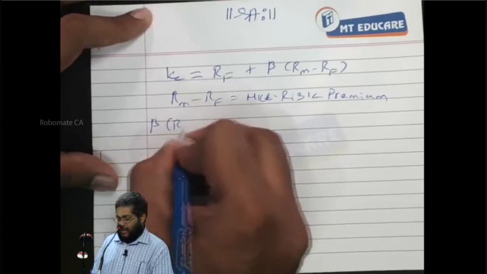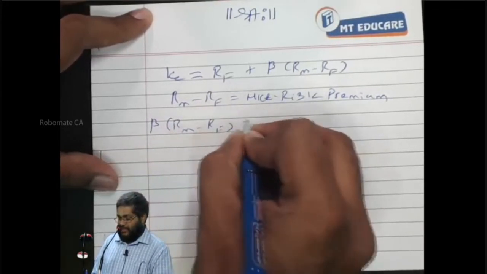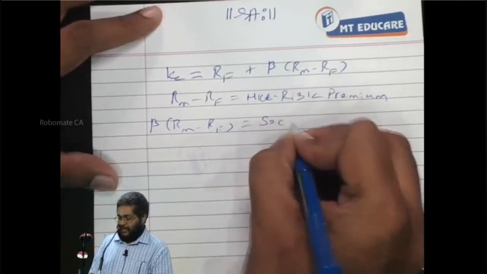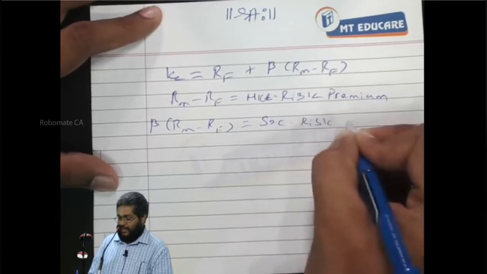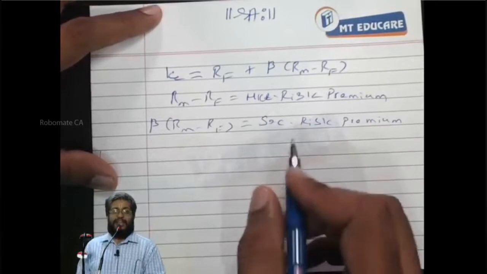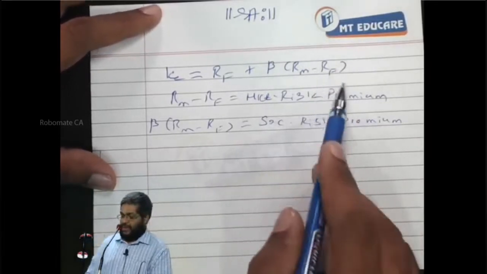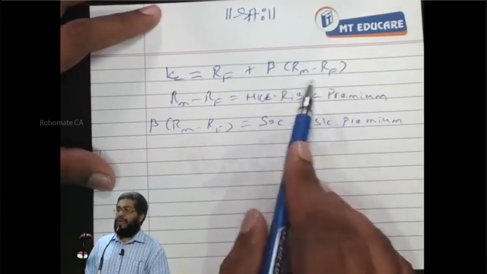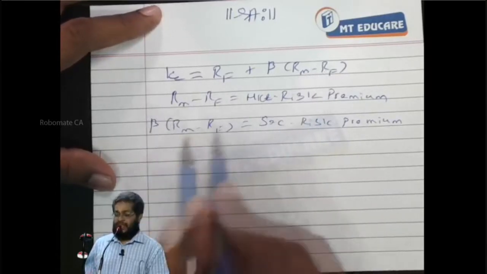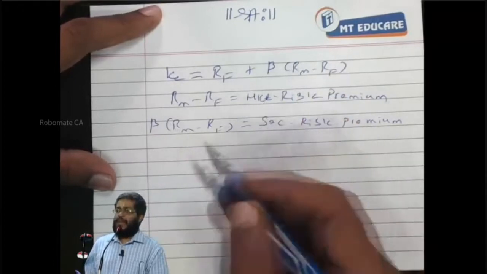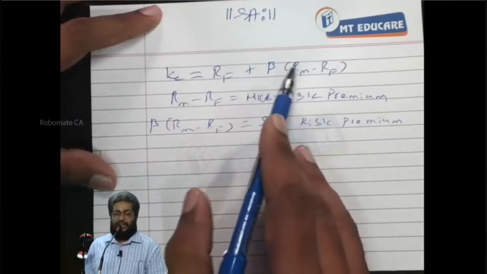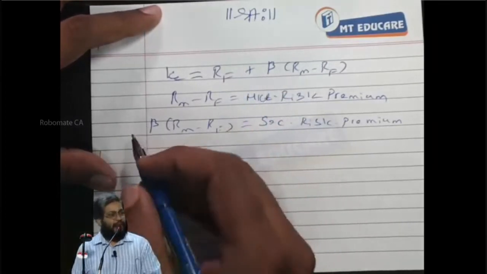Beta into (RM minus RF) is the security risk premium. Very simple. If I invest in the market portfolio, I want a premium of RM minus RF. If I invest in a given security, what is the premium I want? Beta times (RM minus RF) is the security risk premium. Everybody following or not? Next.